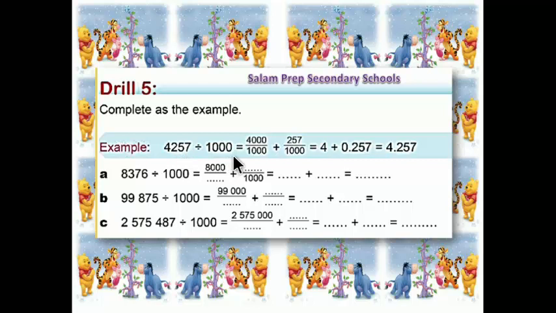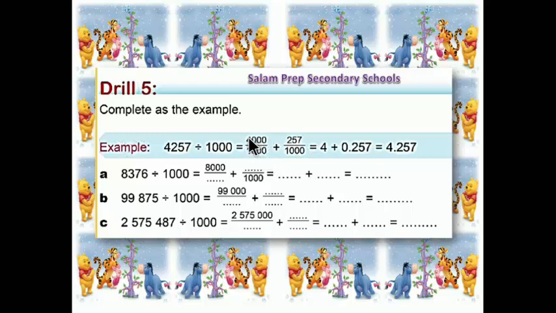So we will write 4,000 over 1,000 plus the remaining number is 257. 257 over 1,000 equal 4,000 divided by 1,000.